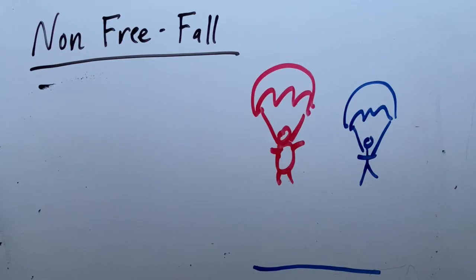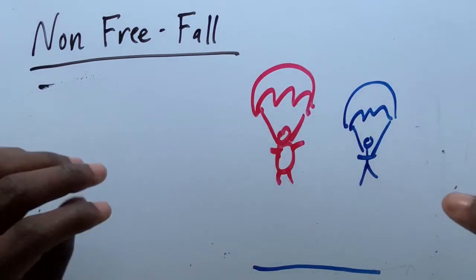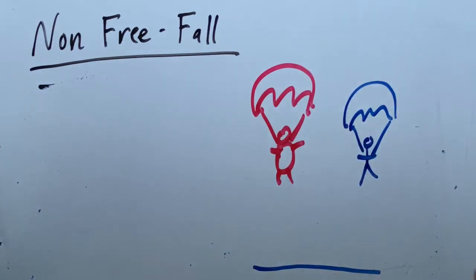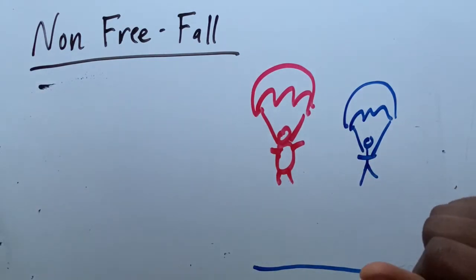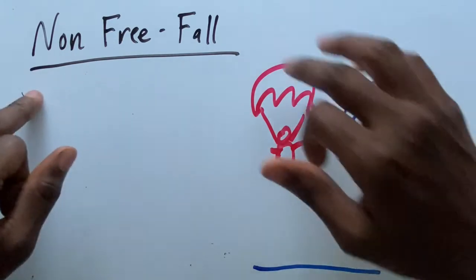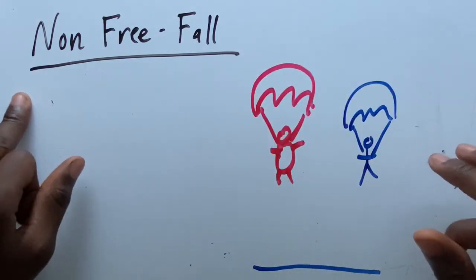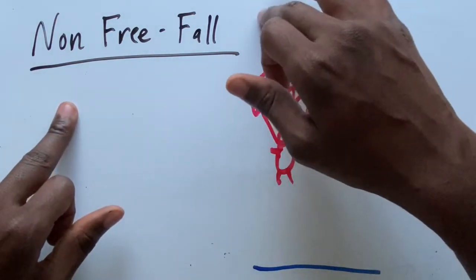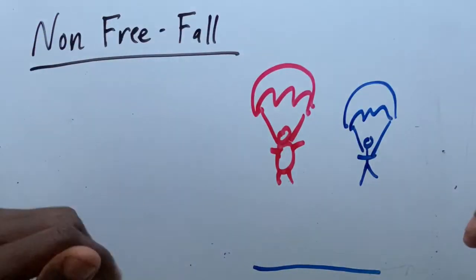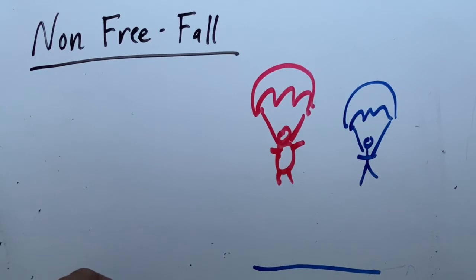Well, you might think that they both reach the ground at the same time because of the whole heavy objects and light objects falling at the same acceleration. But this is a non-free fall scenario, not a free fall scenario. If this was free fall, meaning we take away the parachutes and they're both just falling down, then they would both hit the ground at the same time.